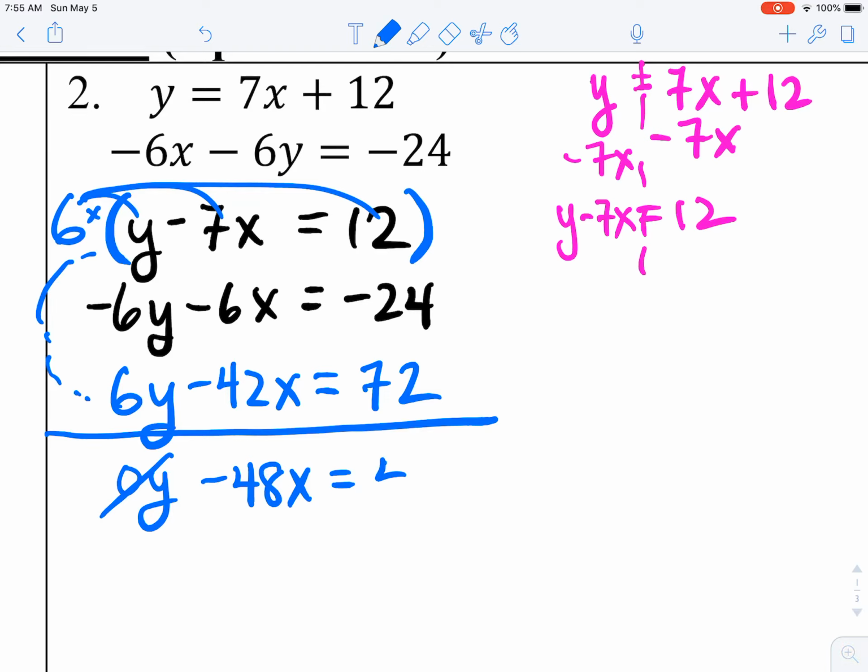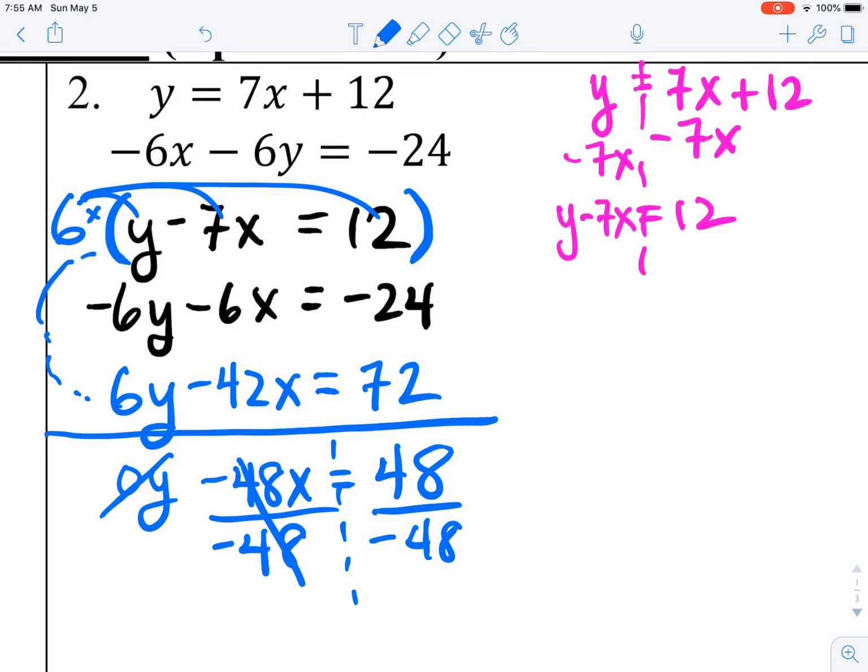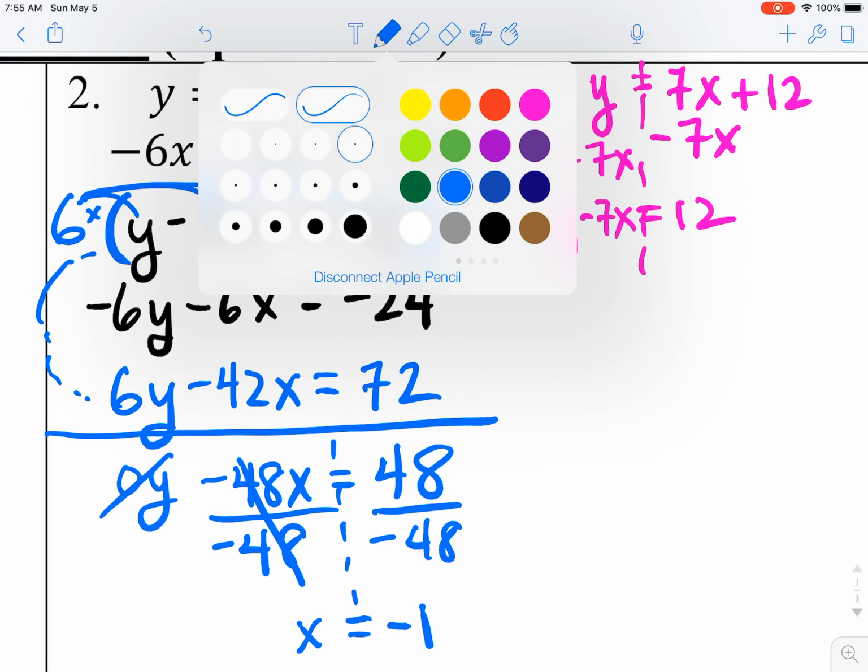Good. Okay. And when I divide through in my equation, I get negative 1. So x ends up equaling negative 1. That was pretty straightforward. I mean, it was a lot of steps, but it was pretty straightforward. I kind of think that was the better option for this problem.